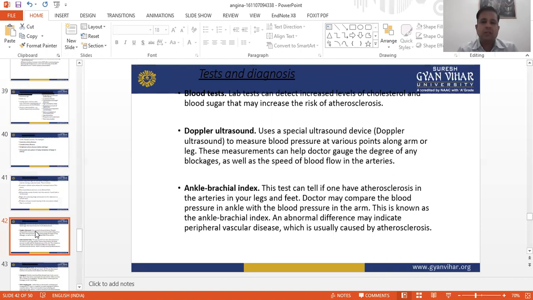This is known as the ankle brachial index. An abnormal difference may indicate peripheral vascular disease, which is usually caused by atherosclerosis.